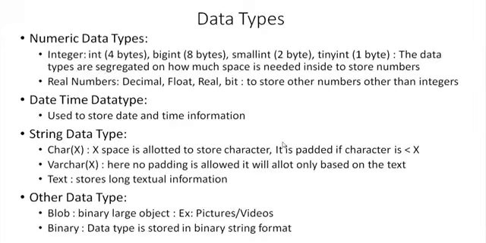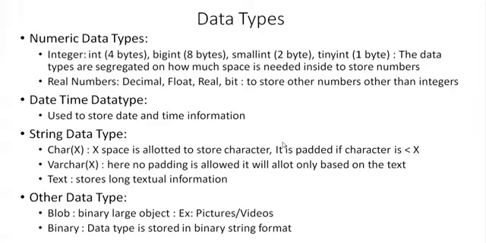That means whenever you define the x value, it is allocating that much space or that much memory upfront, and whatever is not used is being padded. And in varchar(x), there is no padding allowed. So that is the difference between char and varchar.